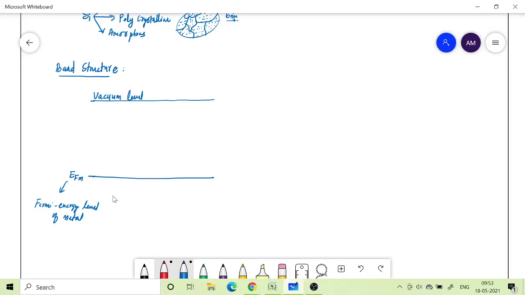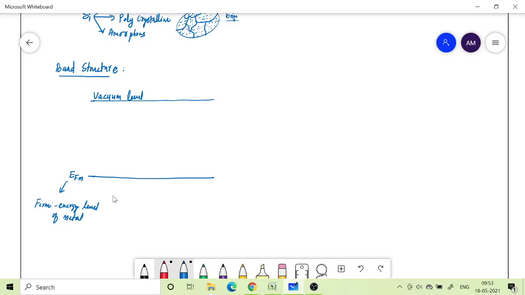EV means the top of the valence band and EC means the bottom of the conduction band. Here all these energies are continuously available for electrons to go into. There is no energy gap, so it is usually not drawn for metals.